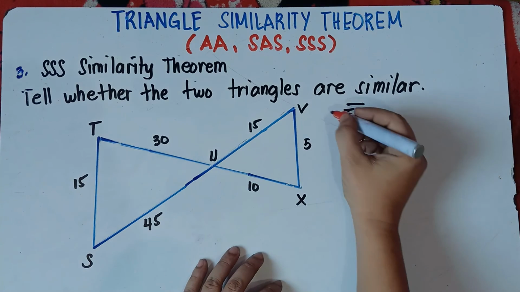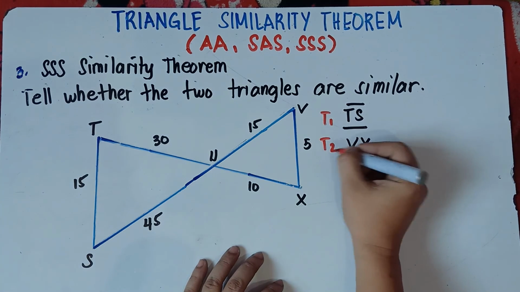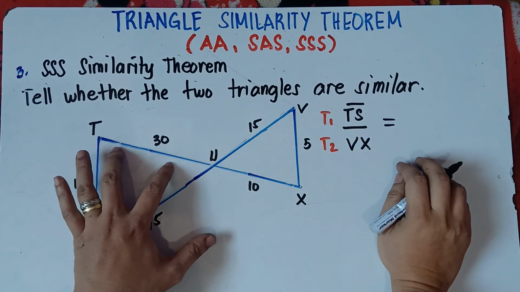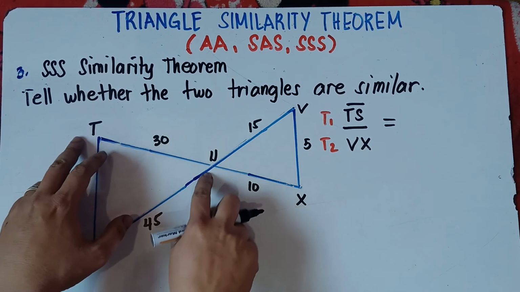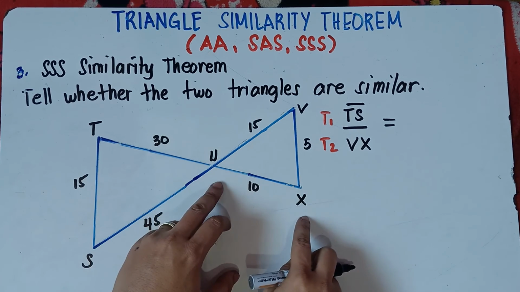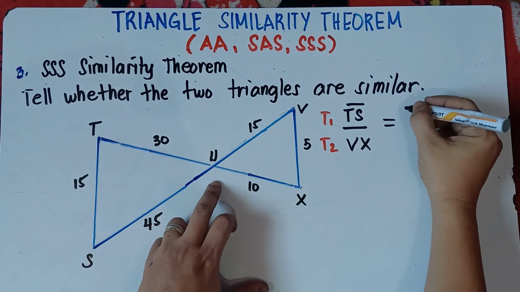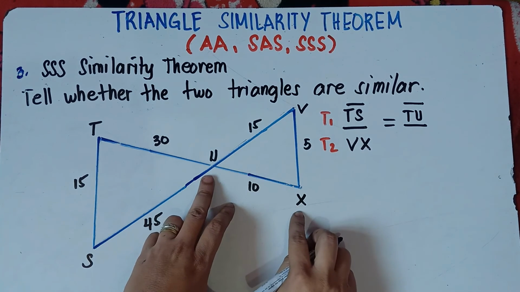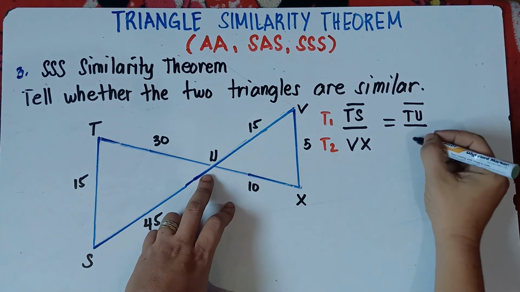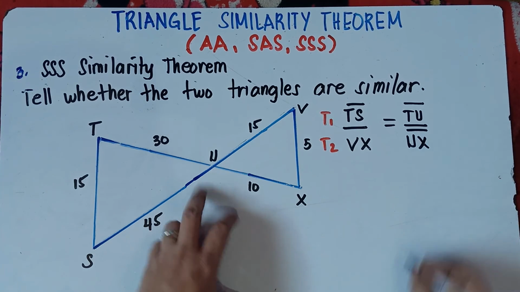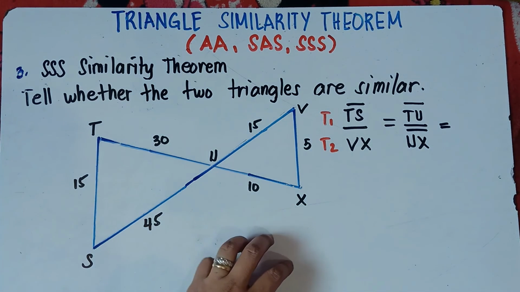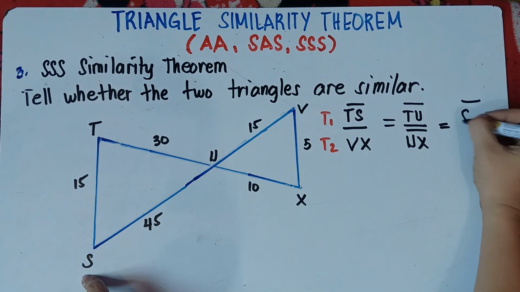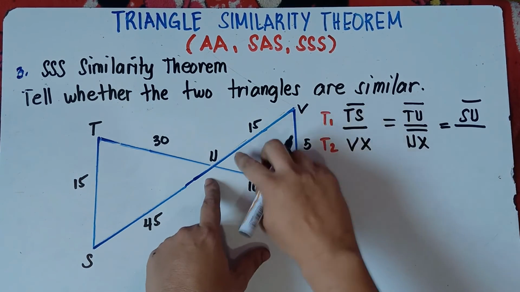So this is the first triangle over the second triangle, is equal to, once again, the first triangle, this 30 corresponds to this UX. So TU corresponds to UX. Line segment TU over line segment UX is equal to line segment SU over line segment VU.